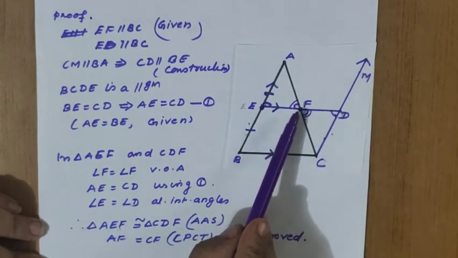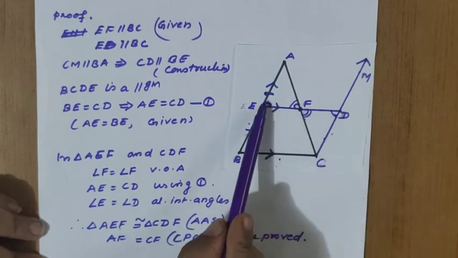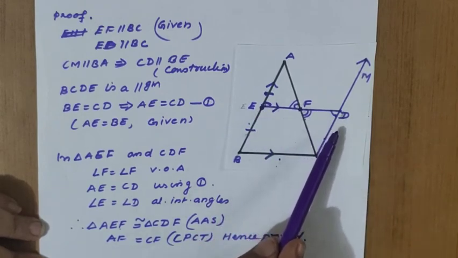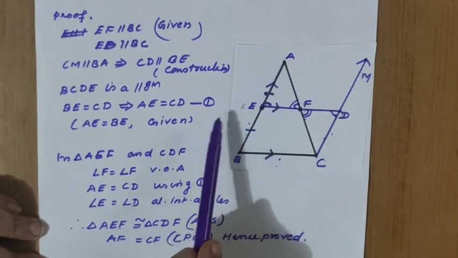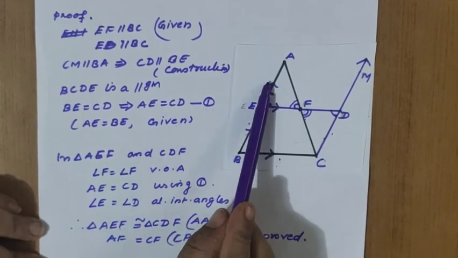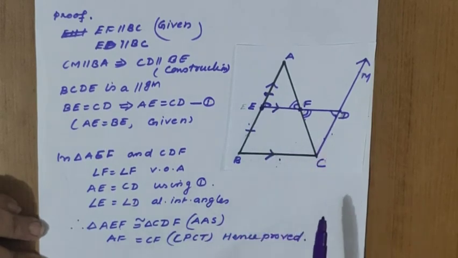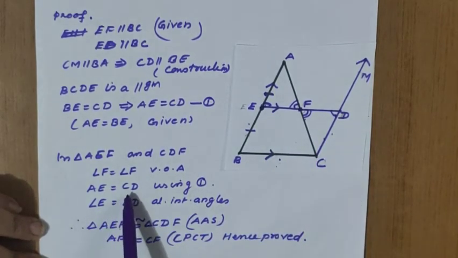Angle F, vertically opposite angles; angle E and D, alternate interior angles. Now one more side we required, which we have done in step 1. So AE equals CD. By using this you got two angles and one side. So triangle AEF is congruent to triangle CDF by AAS.